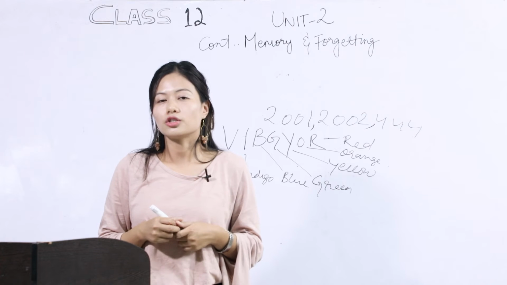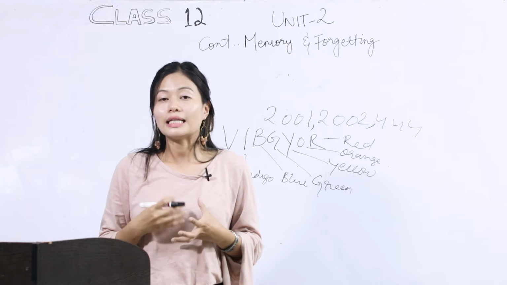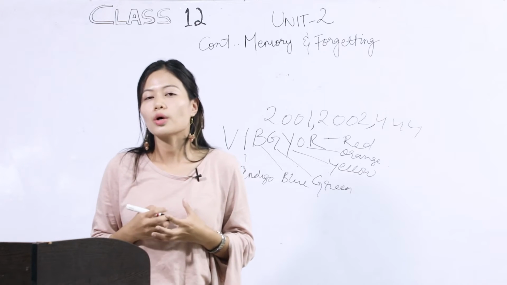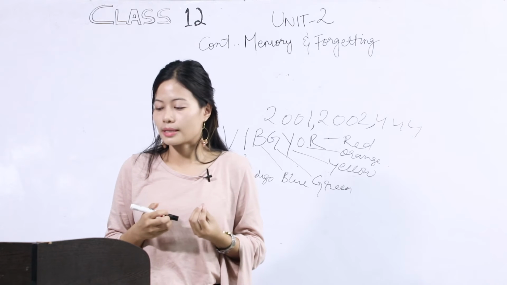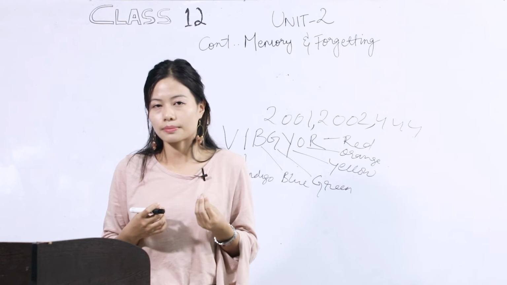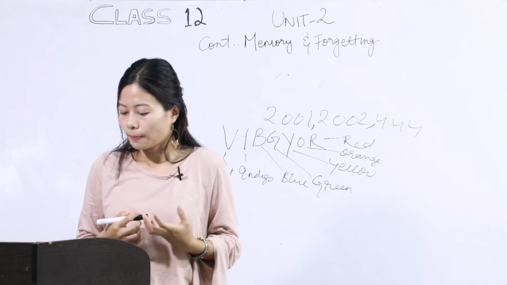Now, the third strategy given by the psychologists is to give yourself enough retrieval cues. Each one of us has moments where we tend to forget something we had in our mind, but we are unable to remember it.